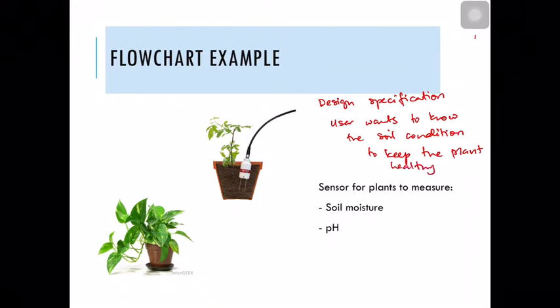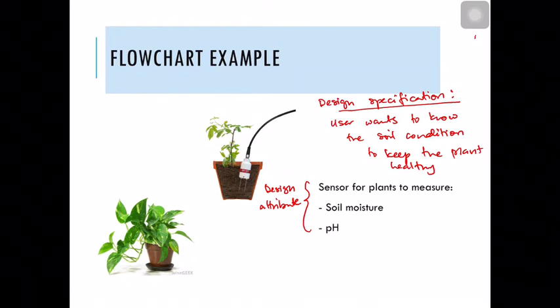This is the design specification, and based on that, we have to use something that is called the design attribute. This is the design attribute, which is that you want to have sensors which can measure the moisture and the pH of the plant.